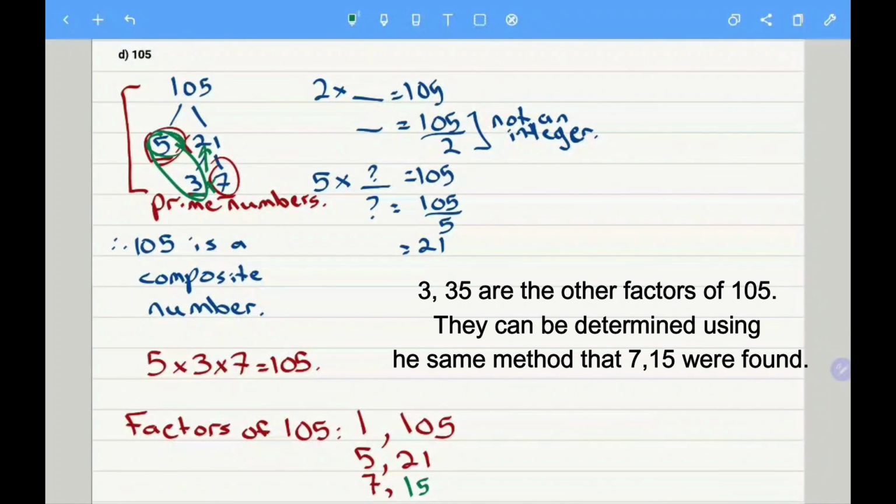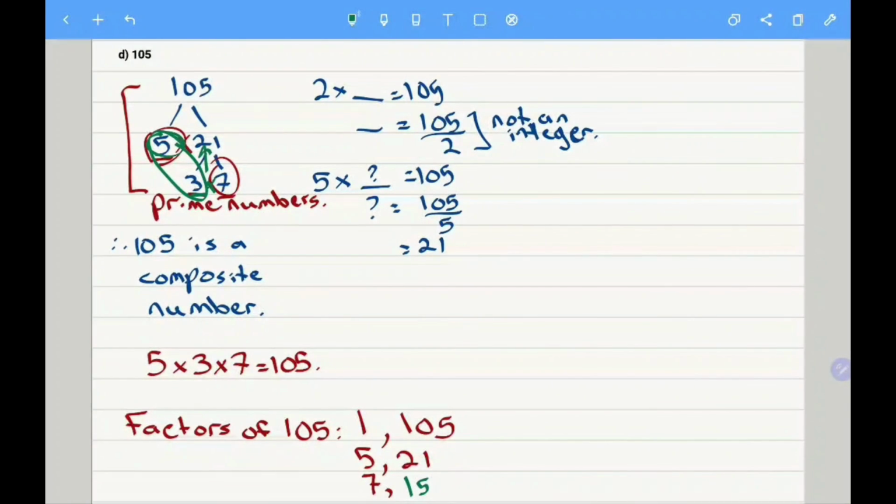So we have to draw up a factor tree, determine the simplest factors, which are 1 and itself. And then we look at the prime numbers. We're like, okay, given that this is the prime number, what other number do I need to get this original composite number?